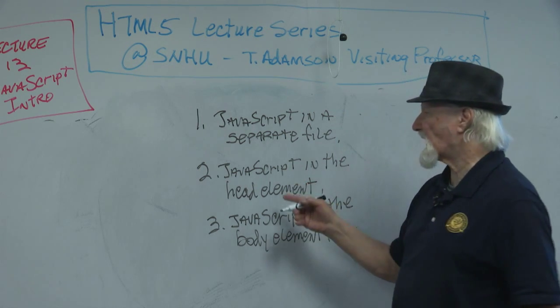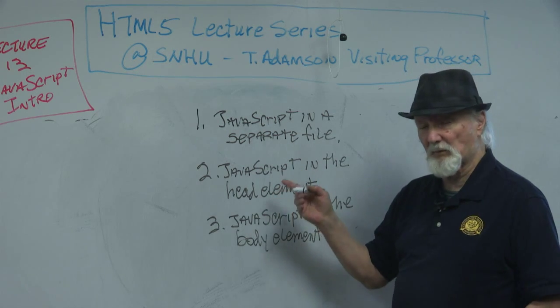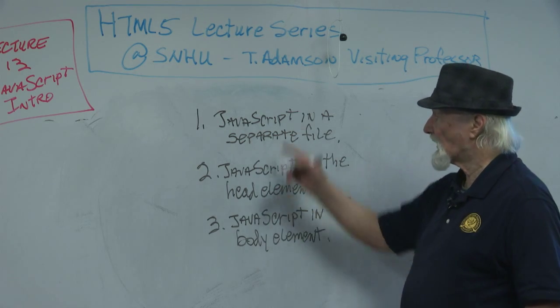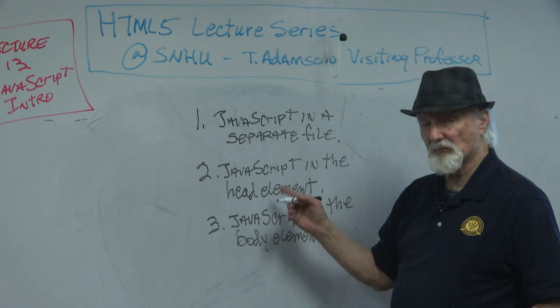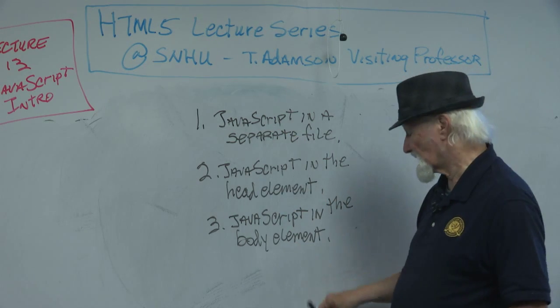So just like with CSS, I had 3 choices as to where I could put styling information. With JavaScript, I have 3 choices where I can put programming information for the script.